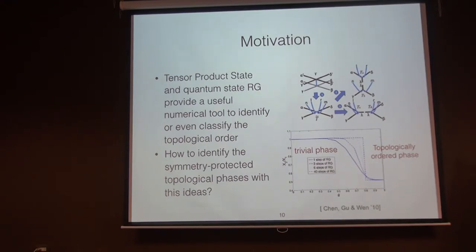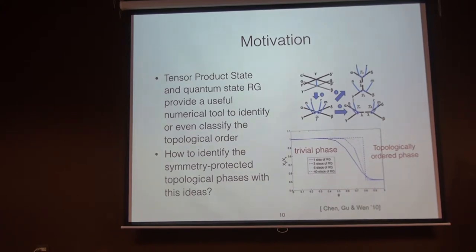In Xie Chen's work, they propose a method called quantum state renormalization group to distinguish the topological order phase and the trivial phase. So we would like to base on this idea and generalize it to the symmetry protected topological order phase.